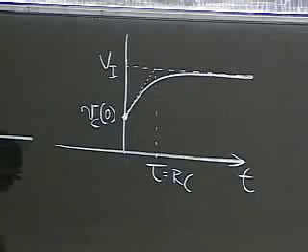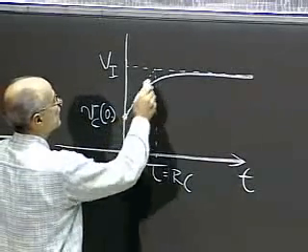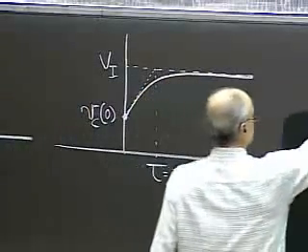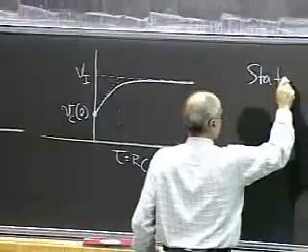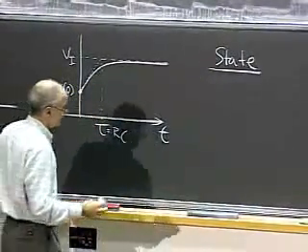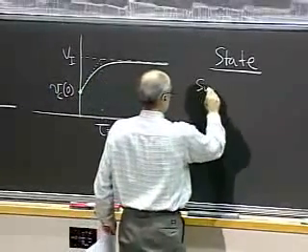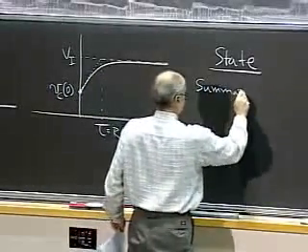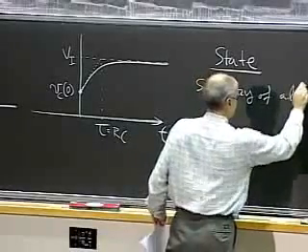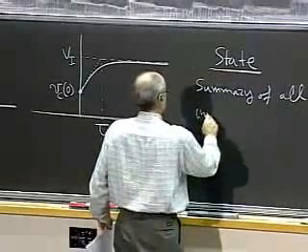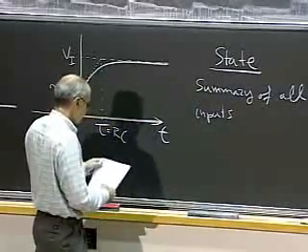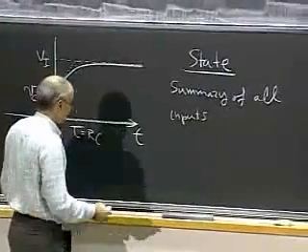So we can define at any one time, say this time, this time, this time, the state of the capacitor. What is the state of the capacitor? The state is the summary of all inputs that are relevant to predicting the future.